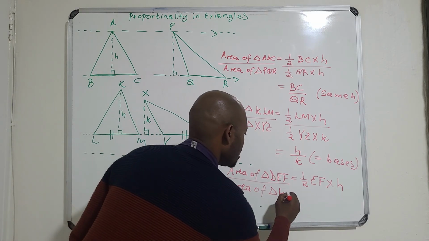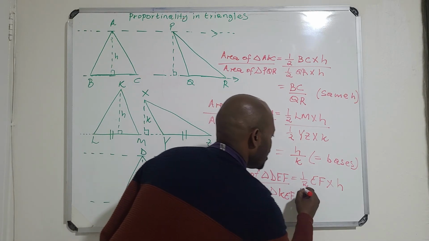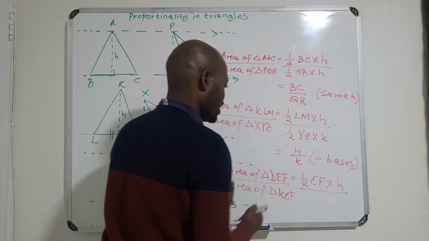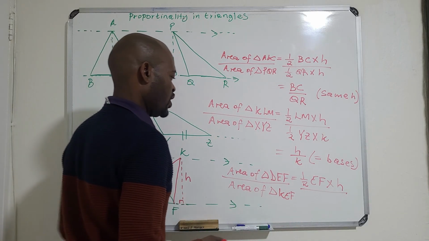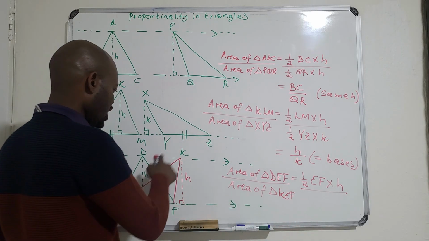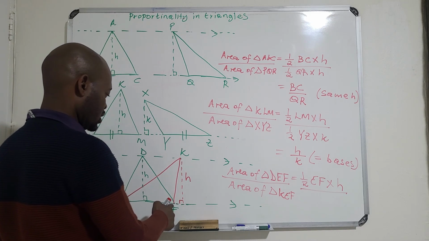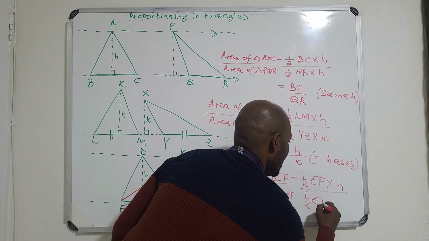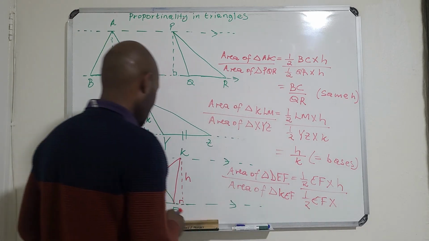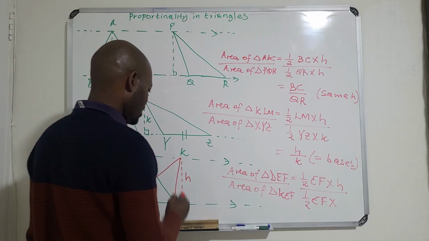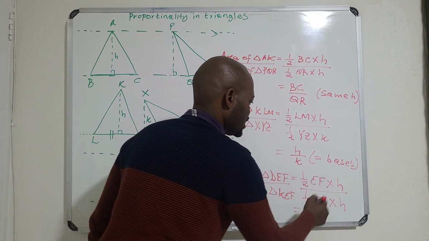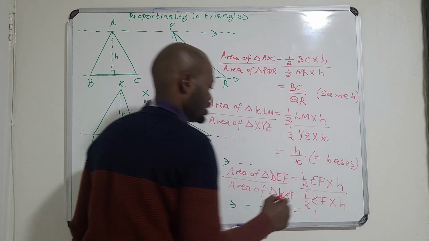With triangle KEF, obviously the base is still EF, half EF times our height, which is still H. Therefore, this cancels, this cancels, this cancels.